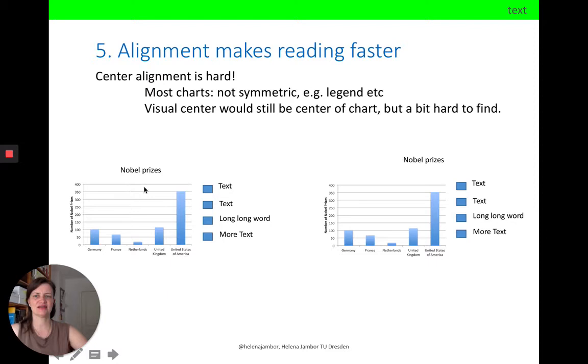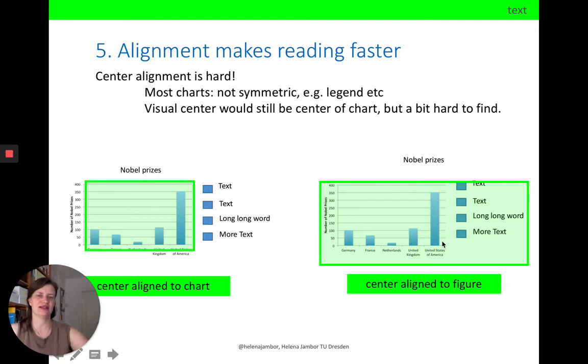So this center alignment is of the title with the chart area. So it's right in the middle, and it sort of is where maybe you would expect it. This looks strange, because in this case, the alignment was centrally done to the entire space of the chart, including the legend.